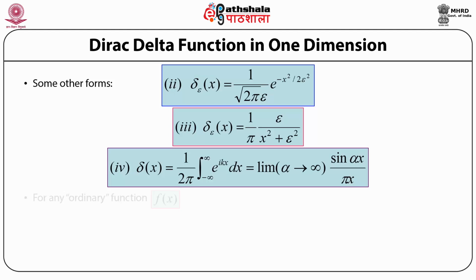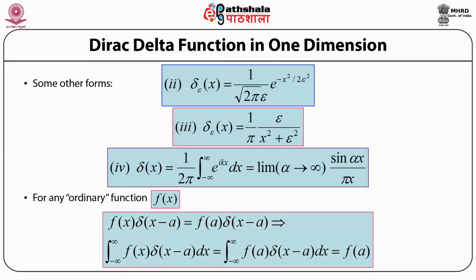Now if we consider any ordinary function f of x, then f of x times the Dirac-delta function of x minus a is equal to f of a times the Dirac-delta function of x minus a.